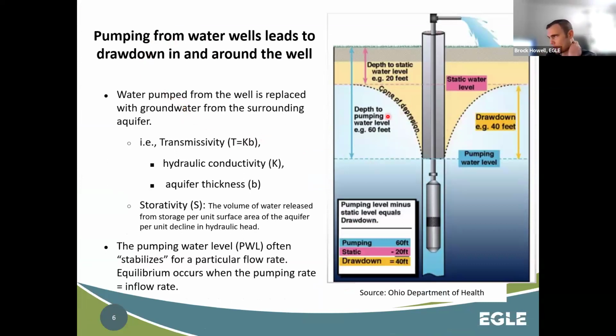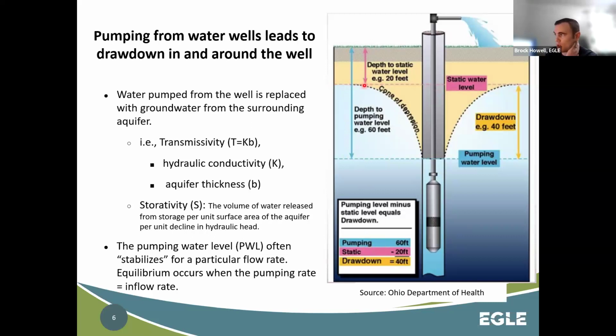This diagram I really, really like. The source is from the Ohio Department of Health. I like it because a lot of times we get confused when we're talking about the pumping water level or the drawdown and static, but this really simplifies that whole idea with a little subtraction math here, where the pumping level is 60 feet from the surface, but the static water level was 20 feet from the surface originally.